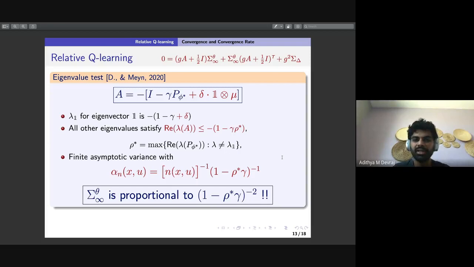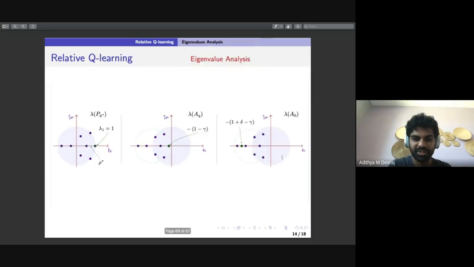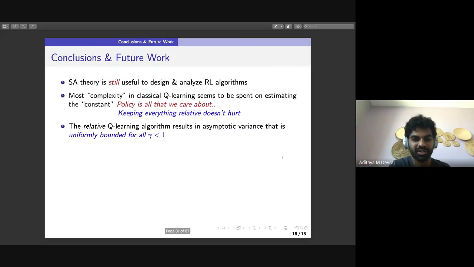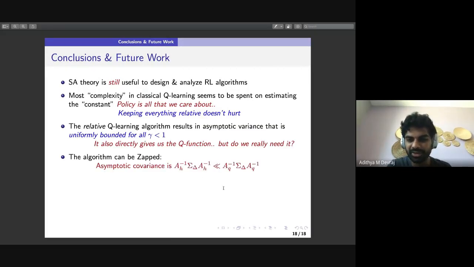Yeah, so you can definitely use Polyak-Ruppert averaging for both the algorithms, Q-learning and relative Q-learning, and in each of those cases, what you would be getting is an asymptotic covariance that looks like this, which is the same as for ZAP. In our ZAP paper, we observed that Polyak-Ruppert averaging, even though it has the same asymptotic covariance as the ZAP Q-learning algorithm, can have very bad transients.